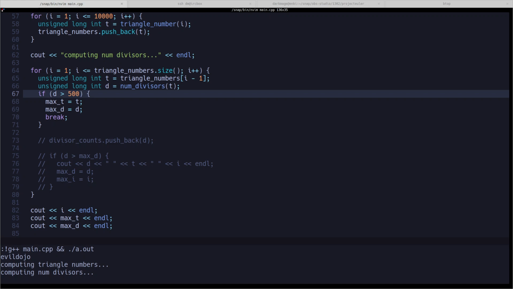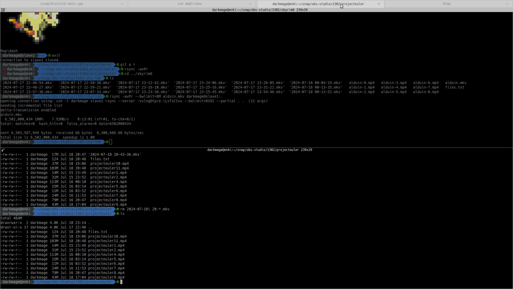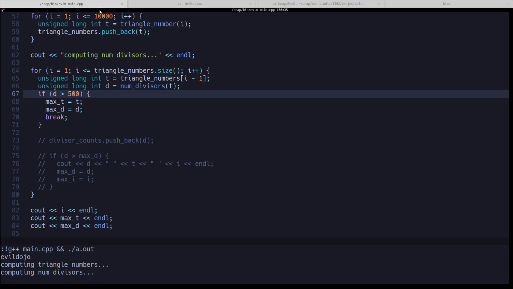Choking up my CPU while I do this. Computing the triangle numbers, actually, we could do this recursively, but I thought I was trying to pre-compute stuff, and really, they're fast, so it's really the divisors that are slow.